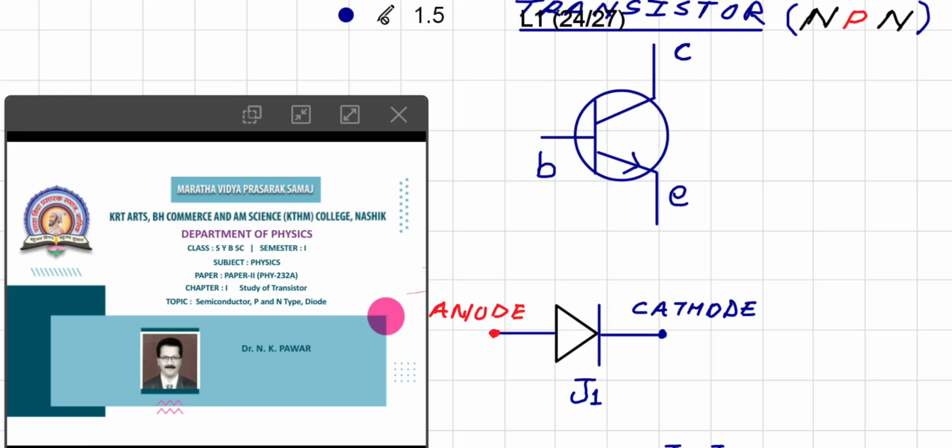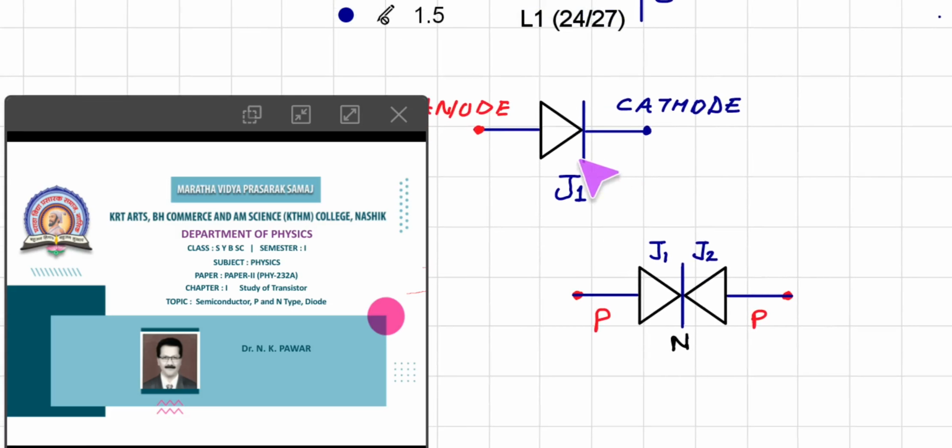A transistor is actually designed with the help of diodes. So this is one diode. Here it is P, and this line indicates the cathode. So here it is PN, and a second diode is taken which has this N and this P. So two PN junction diodes whose N is common, that is, the negative terminal, the cathode, is common.